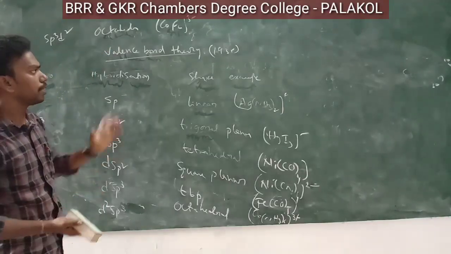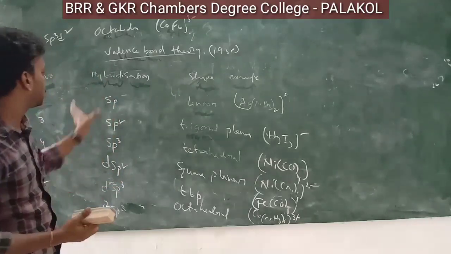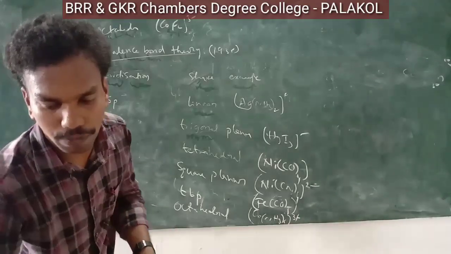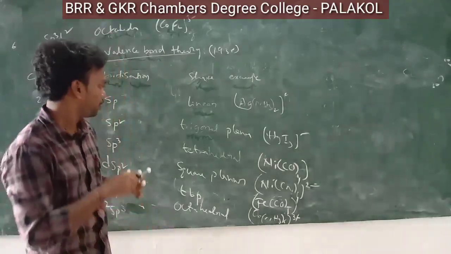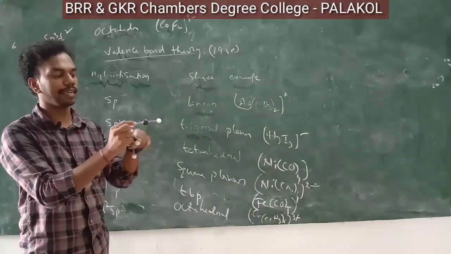Okay. In the next video, we will discuss a few examples regarding all these hybridizations like sp, sp2, sp3. Before that, I will show you a few models. First, linear: Ag(NH3)2 is a linear molecule with an angle of 180 degrees.